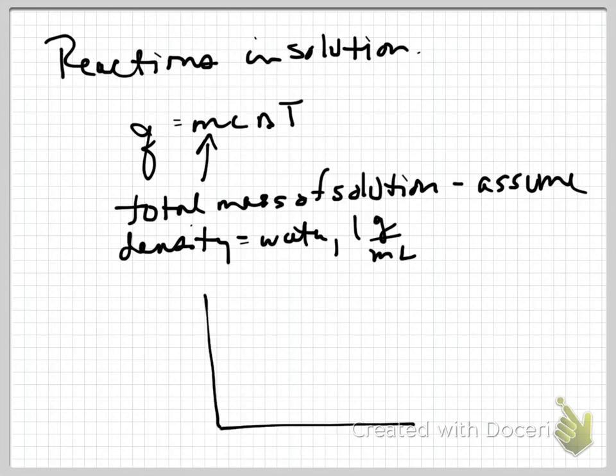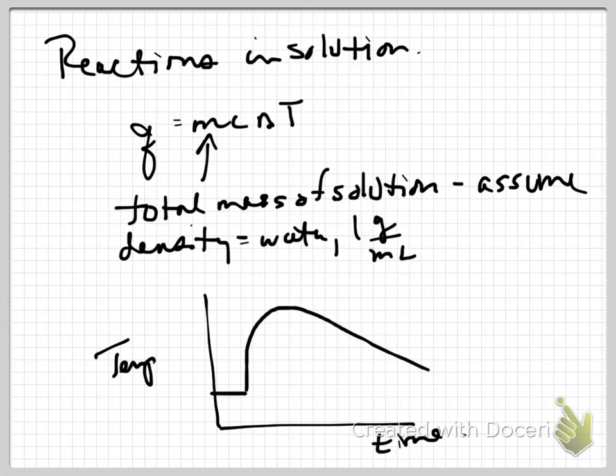Hopefully you remember that you should get a temperature graph, temperature over time, starting here, then we start the reaction, and it should go like that. I'm exaggerating perhaps a little bit, but remember that what you need to do is extend this graph up.